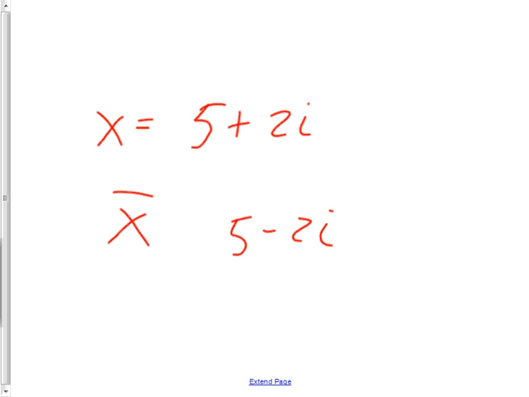Put a line over it, it means conjugate of. So if they said, this is x, and they wanted to know what's x times x line, what are they really saying? Take x and multiply it by its conjugate. So what would the answer actually be? Everybody do that one. Take x and then multiply it by its conjugate, and then tell me what you get.